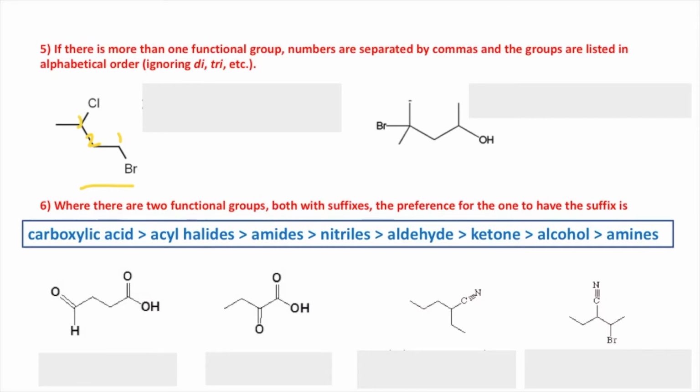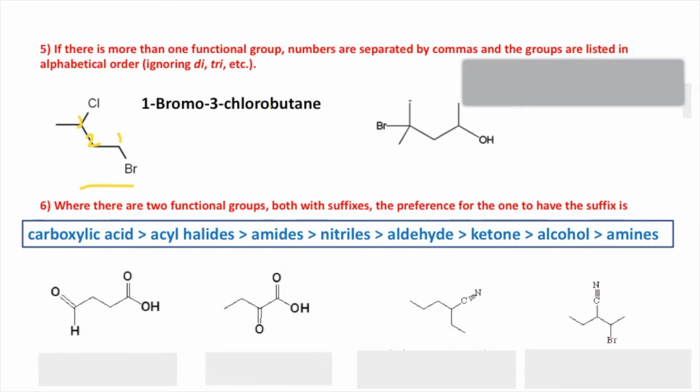By starting the numbering at bromine, I can use the lowest numbers, so therefore this would become 1-bromo-3-chlorobutane.